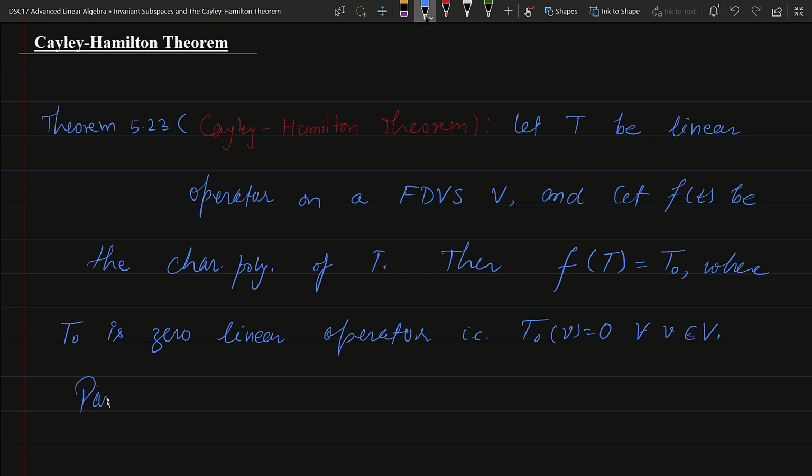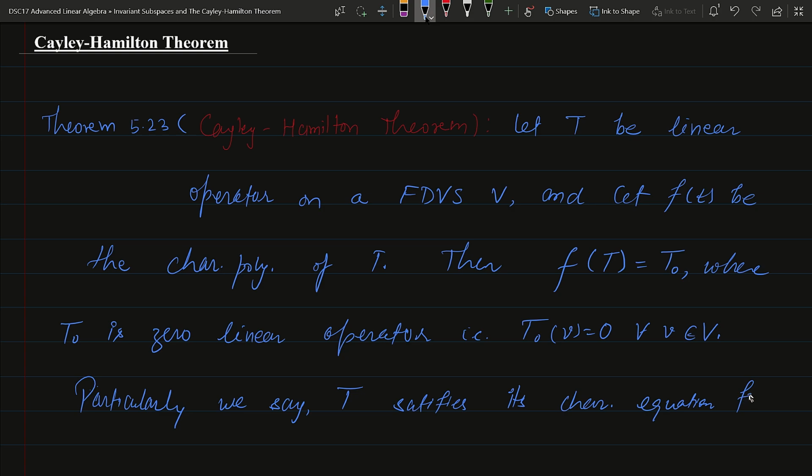Particularly, we say T satisfies its characteristic equation.